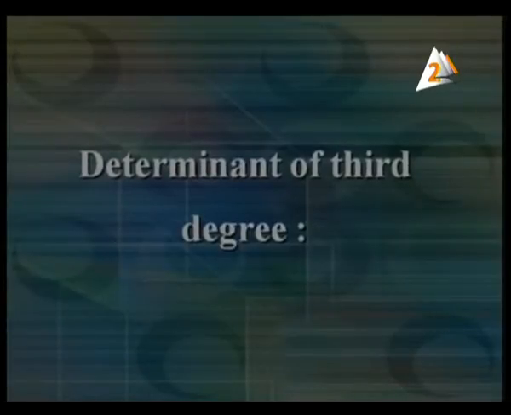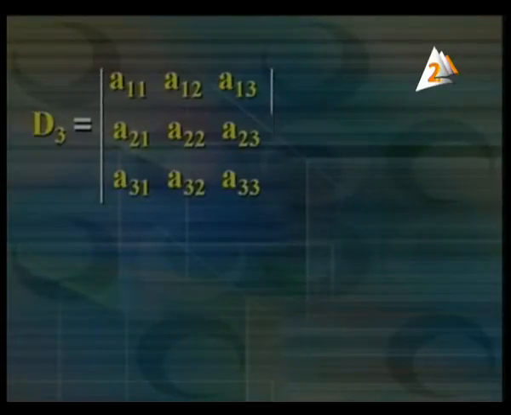Determinant of the third degree. What do you mean by the determinant of the third degree? Dear student, D3 has 3 rows and 3 columns, as in the figure: A11, A12, A13, A21, A22, A23, A31, A32, A33.